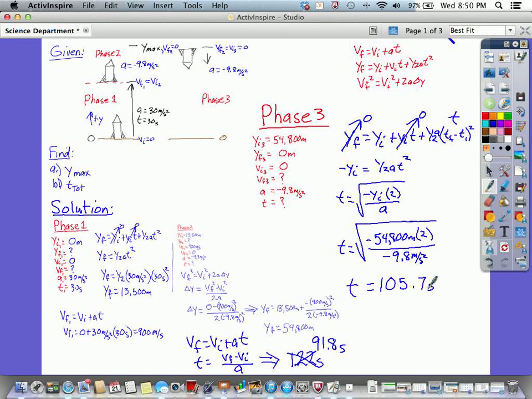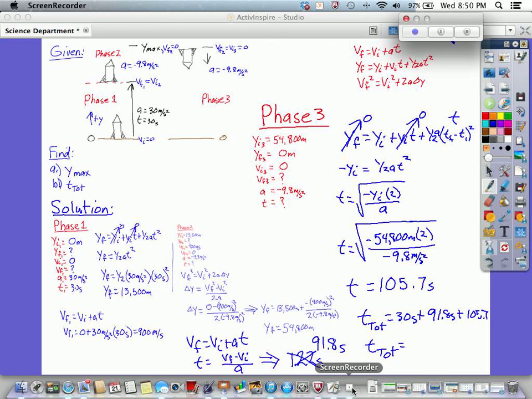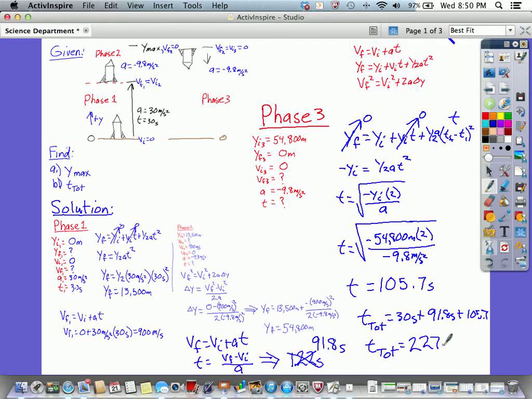seconds. Now to get my total time, I'm going to have phase 1, 30 seconds, phase 2, about 91.8 seconds, phase 3, 105.7 seconds, and when you add all those together, you're going to get the total, which is roughly 227.5 seconds.